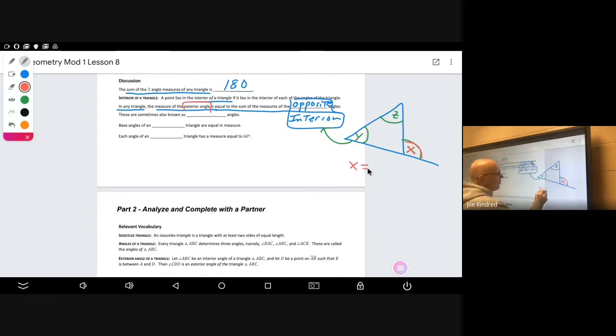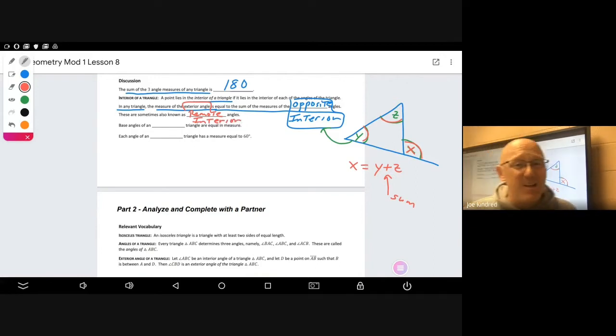X is going to be equal to Y plus Z, the sum of the opposite interior angles, otherwise known as remote interior angles. And that's what you're going to hear me call them, remote interior angles. That's a big concept that we're going to use today.